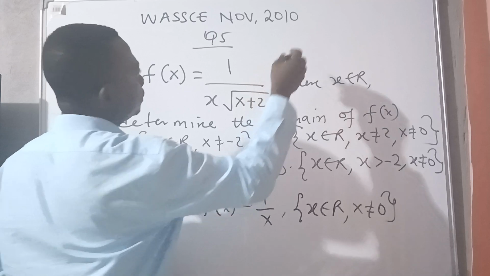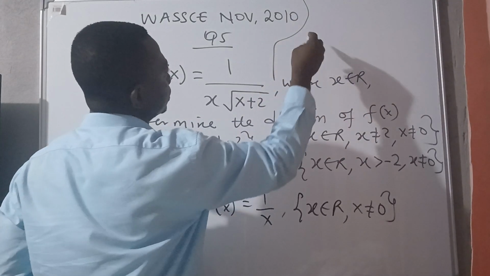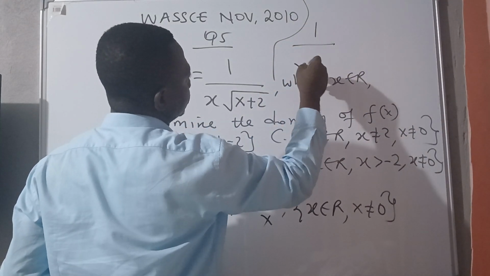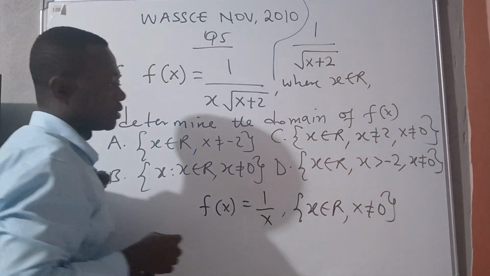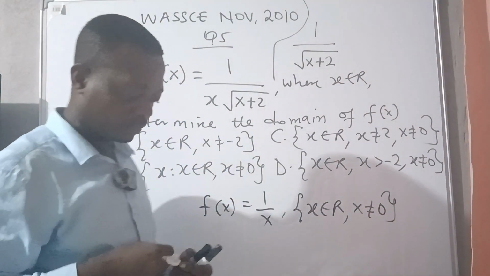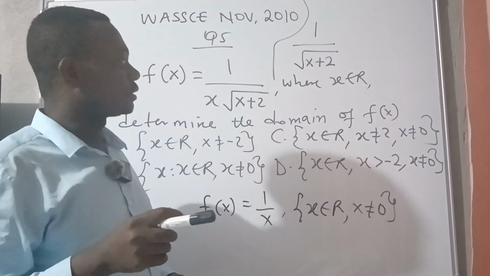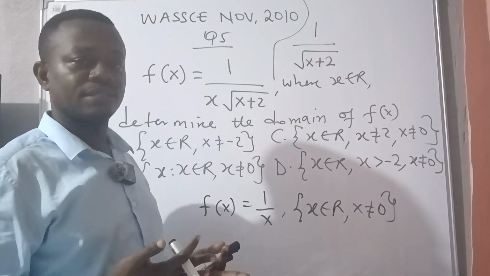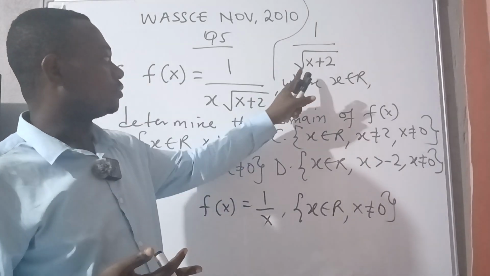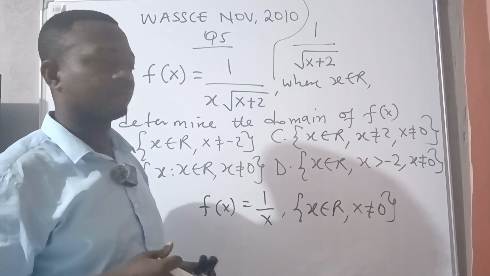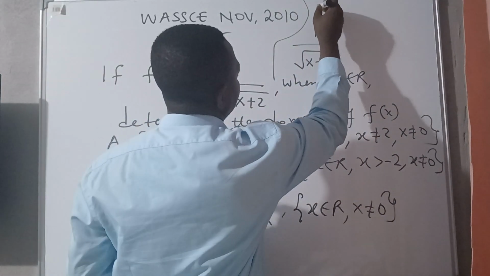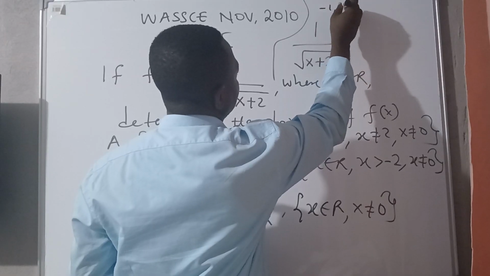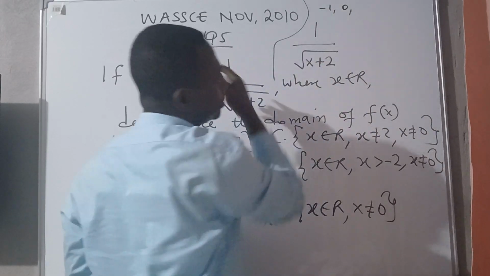And if it were to be 1 on square root of x plus 2, let's observe this one carefully. Now we all know that taking the square root of a negative number will make this undefined. So let's say we have minus 1, 0. So this side will be negative.